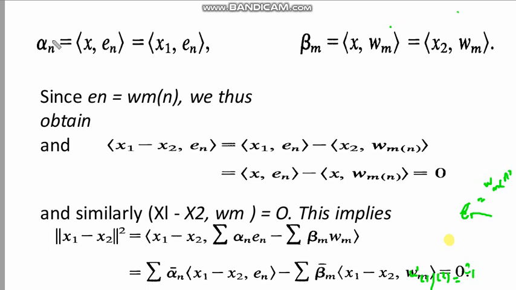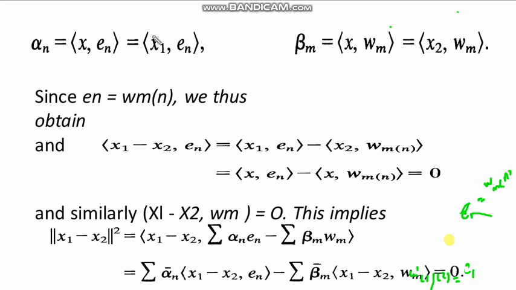So now this alpha_n is equal to the inner product of x and E_n, which is equal to the inner product of x1 and E_n. So now we write the inner product of x1 minus x2 with E_n, as this was x1.